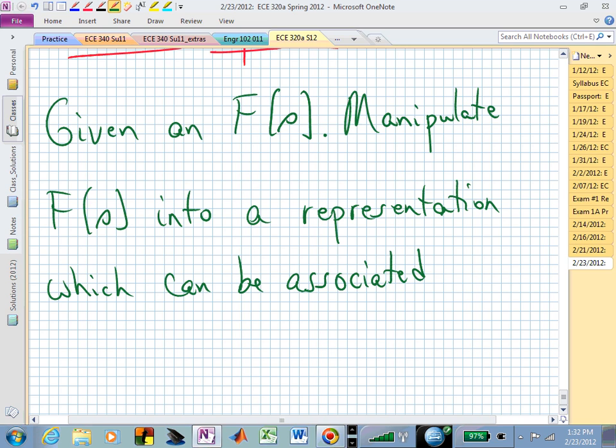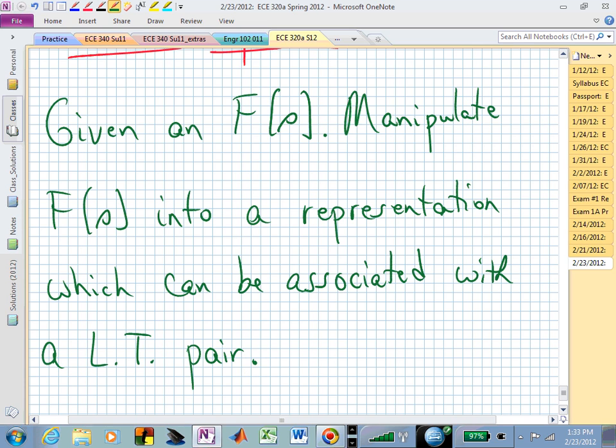We want to identify pieces that look like transform pairs in our table. So we want to manipulate capital F of s into a representation which can be associated with a Laplace transform pair.